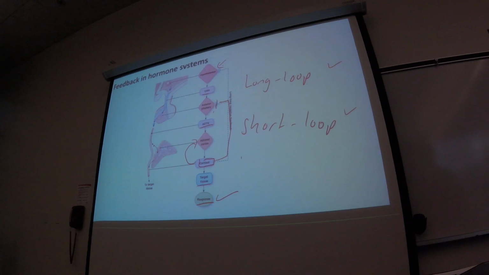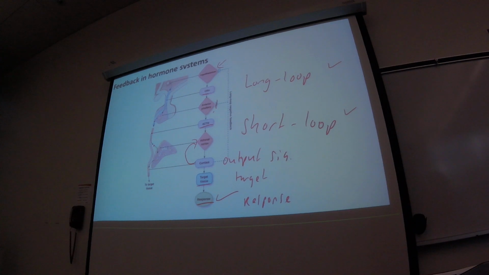So the endocrine system, instead of using the response, uses cortisol, which is essentially the output signal, right? If you remember your feedback loops, you have your output signal, you have your target, and then you have your response.